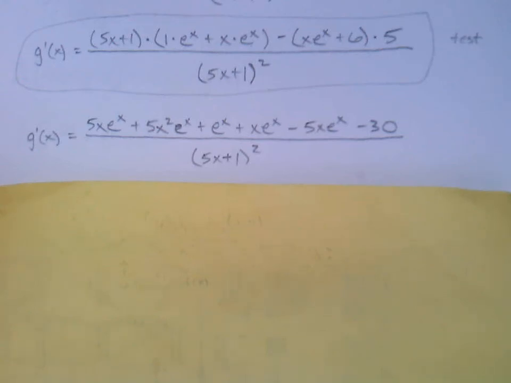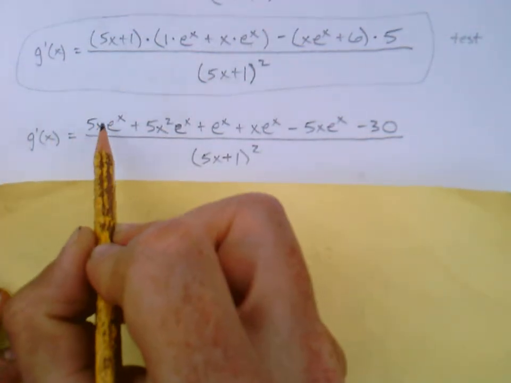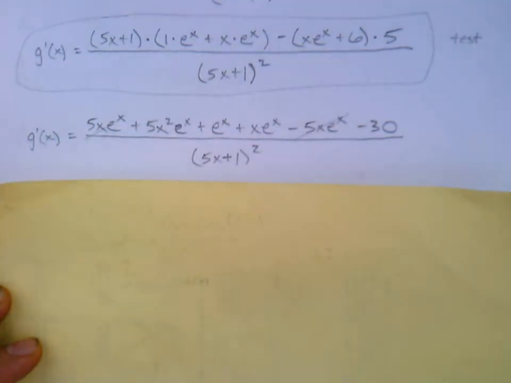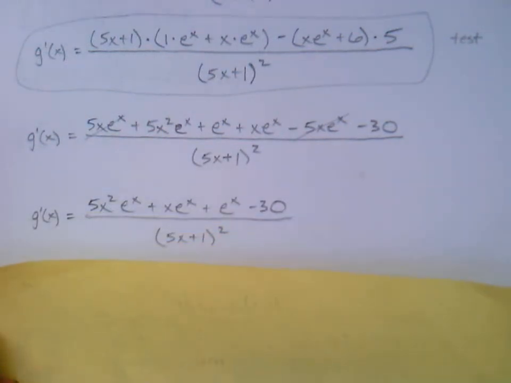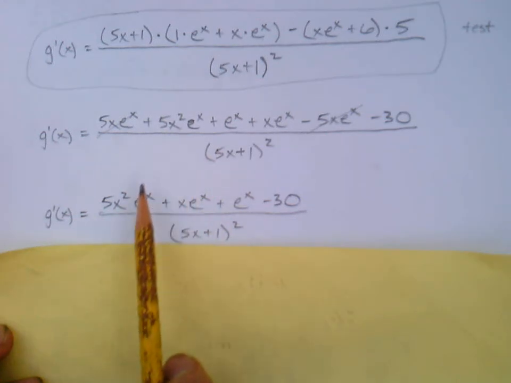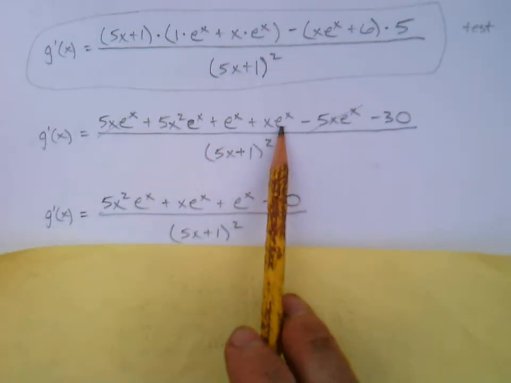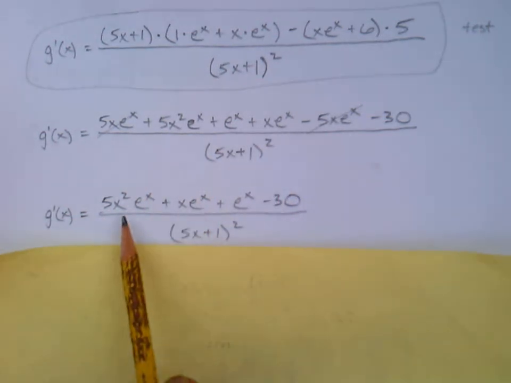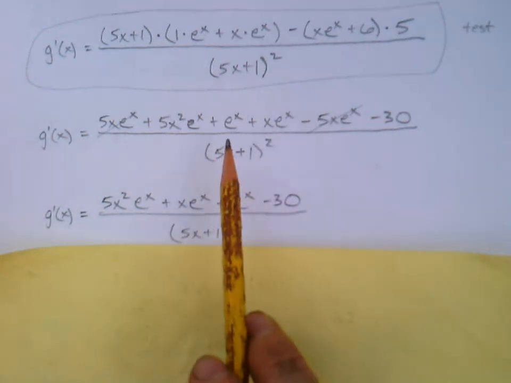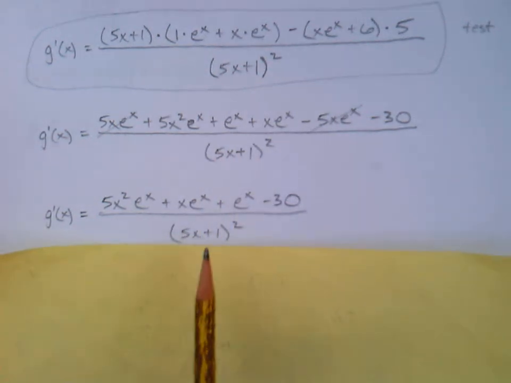Okay. And it just so happens that these cancel out. And we get to this: 5x squared e to the x plus, I'll go ahead and put this next, like powers of x, then plus e to the x and the minus 30 over that.